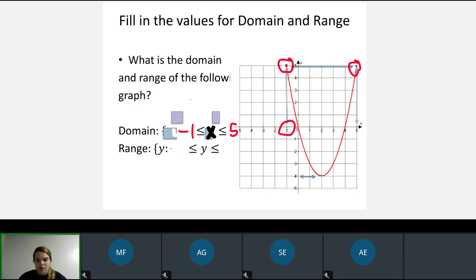All right, so now let's do the range. What would the range be?